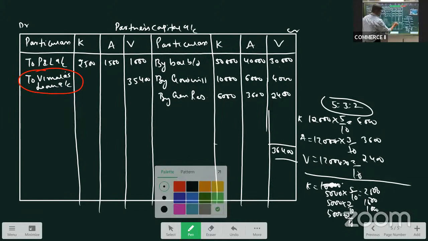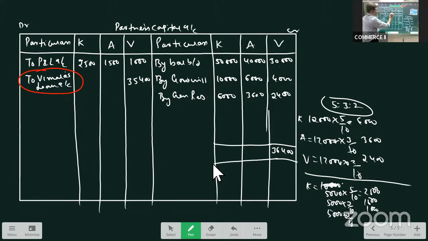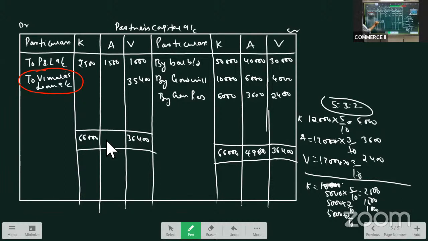Then let us see the rest of the partners who are continuing. 66,000 minus 2,500 is 63,500. 49,600 minus 1,500 is 48,100.